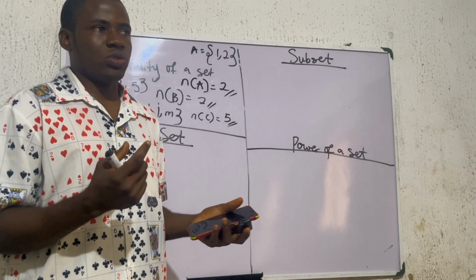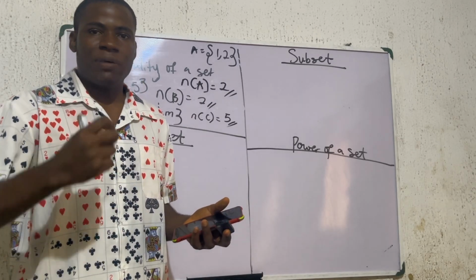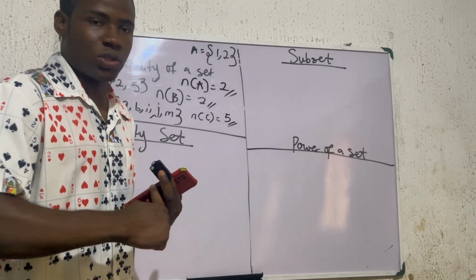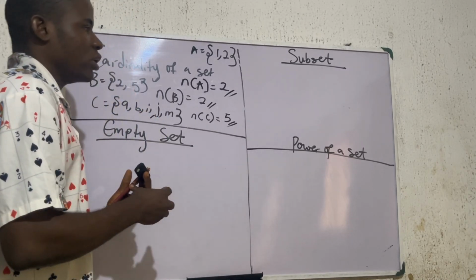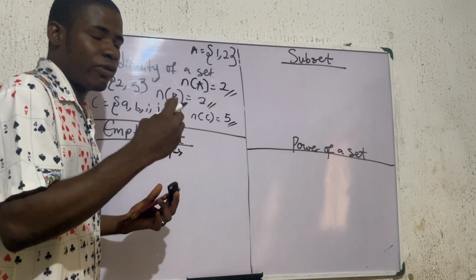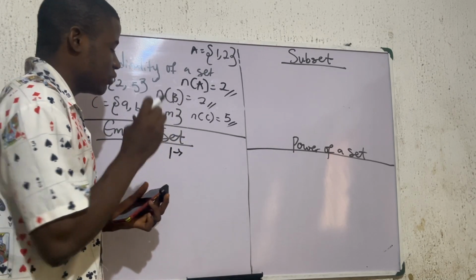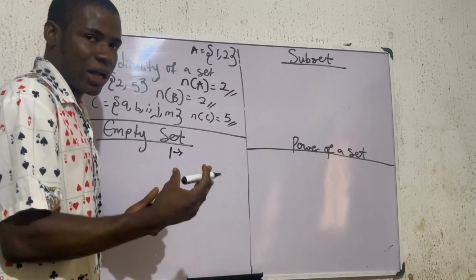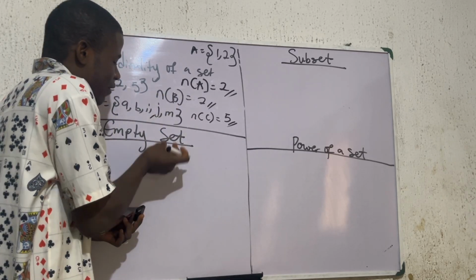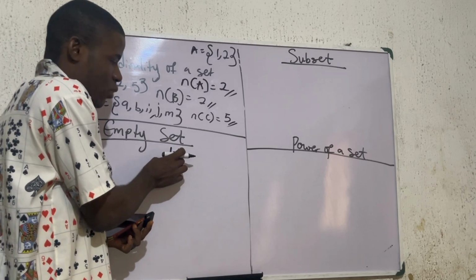Okay, let me use numbers to give an example. If I say set of the prime factors of 1, watch out. For us to get the prime factors of any number, we must first of all get the factors of that number, then check those ones that are prime. Now, prime factors of 1, first thing I do is to write out the factors of 1.